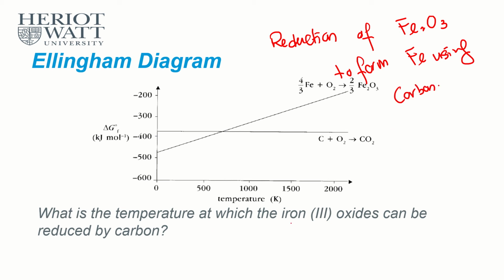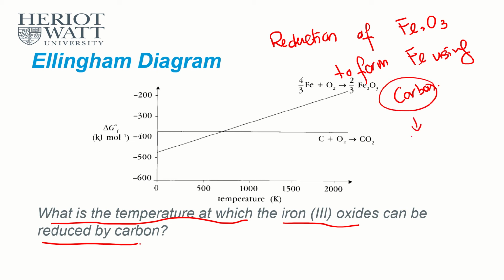The question is given here: what is the temperature at which the iron oxide can be reduced by carbon? So you're using carbon as a reducing agent to reduce iron oxide into iron. This is the Ellingham diagram for the reduction of iron oxide.